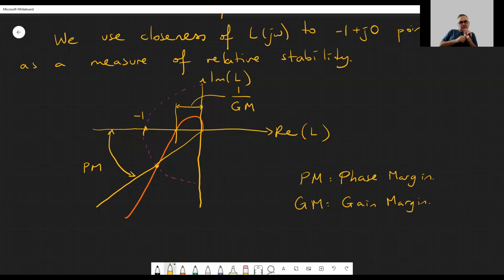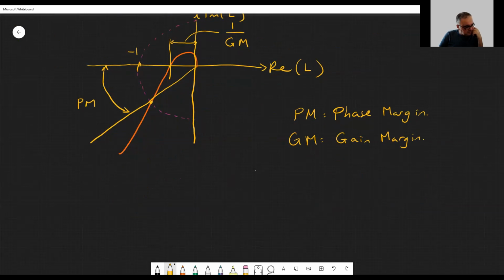So when the gain margin is, for example, 2, your 1 over gain margin is 0.5, for example. Okay, so you are far away from -1. When you are here, your gain margin will be 1 over 1, it will be 1. But in terms of decibels, it will be 0 dBs, for example.